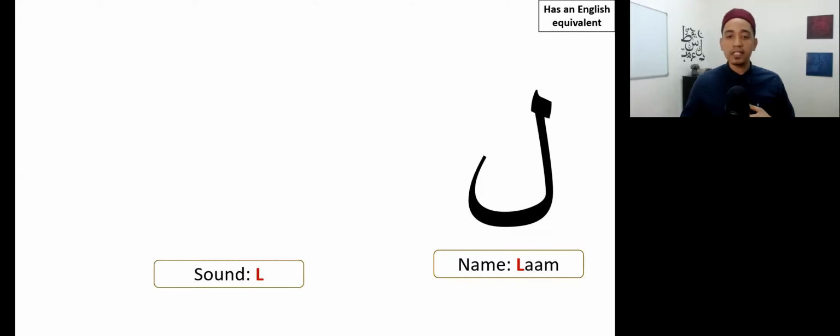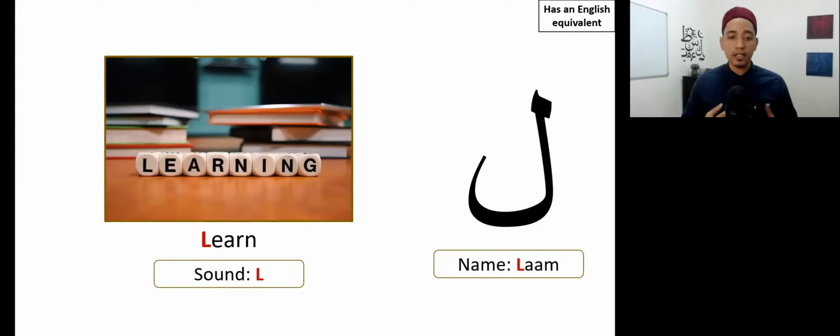The letter lam, let's talk about it, so we spoke about the shape. It looks kind of like a hook, and it has the L sound, and we can see that from this name, lam. So like learn, lam, learn, the exact same sound as the English light L. Okay, can we have some words, and this is going to be interesting.